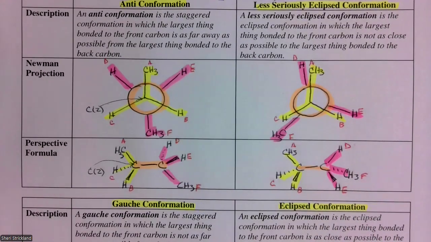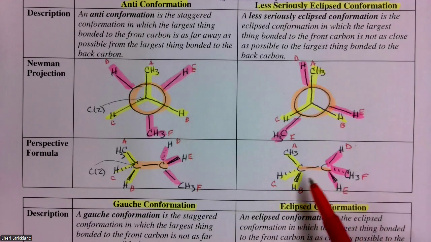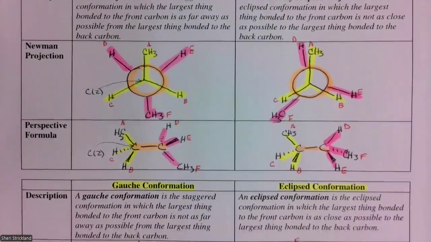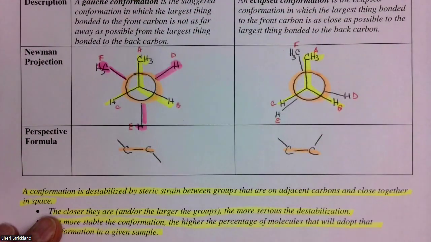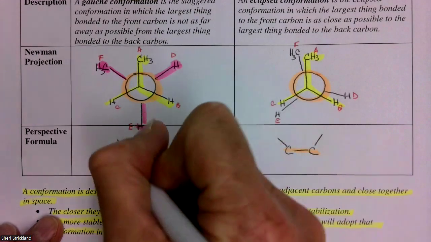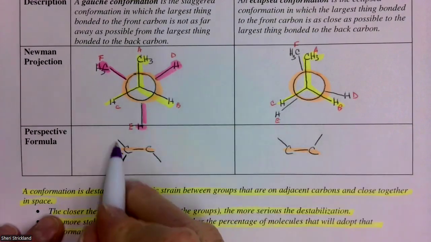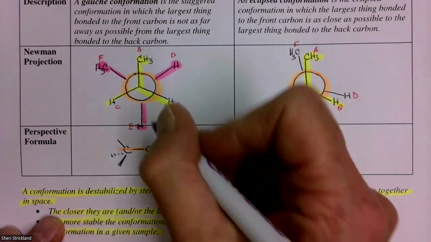All right. One more check just to be sure. All right. Okay, I think we're good here. Now, when you come down here, I want you to do some. You know, in any perspective formula, you've got a line in the plane of the paper, which is also in the plane of this carbon-carbon bond in the middle.